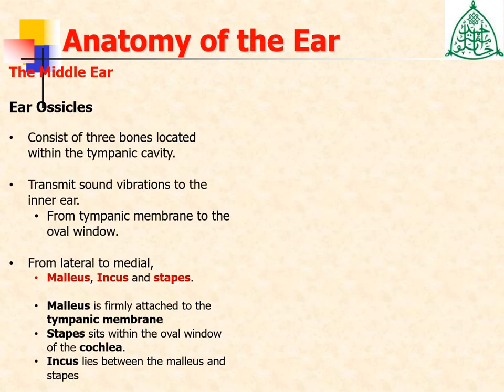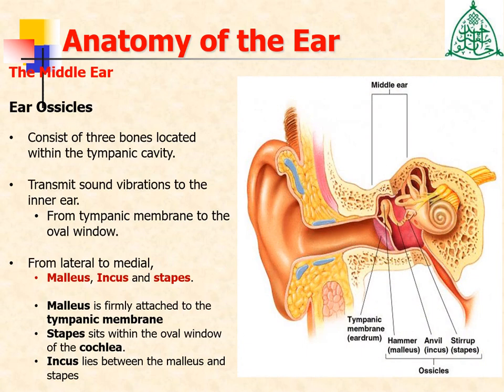Now, the ossicles, as I mentioned, are three in number. They are very small, tiny bones within the tympanic cavity. Functionally, they transmit sound vibrations to the inner ear, from the tympanic membrane to the oval window. The three ossicles, from lateral to medial, are the malleus, the incus, and the stapes.